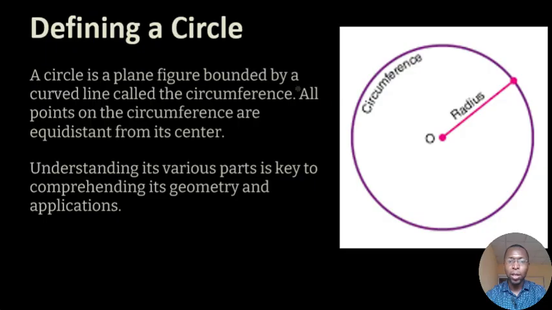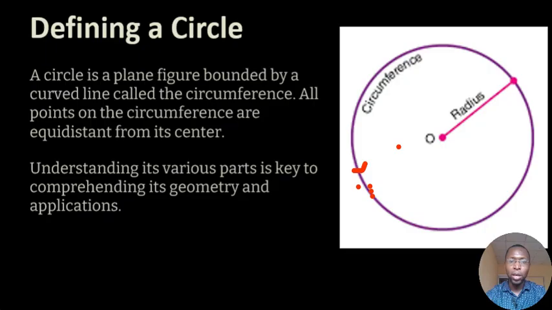That is a point on the circumference, another point here. So each of the points are equidistant from the center.